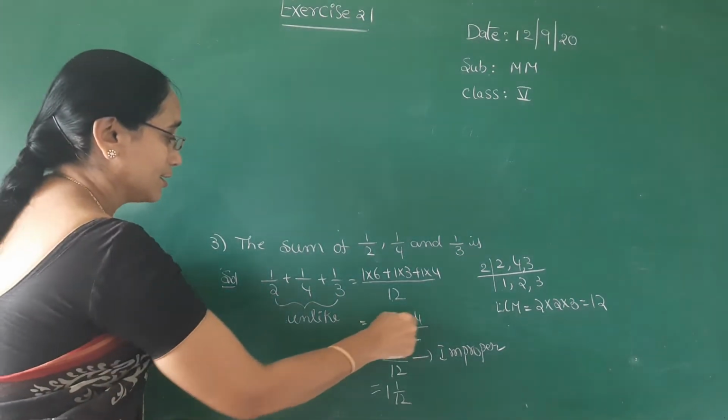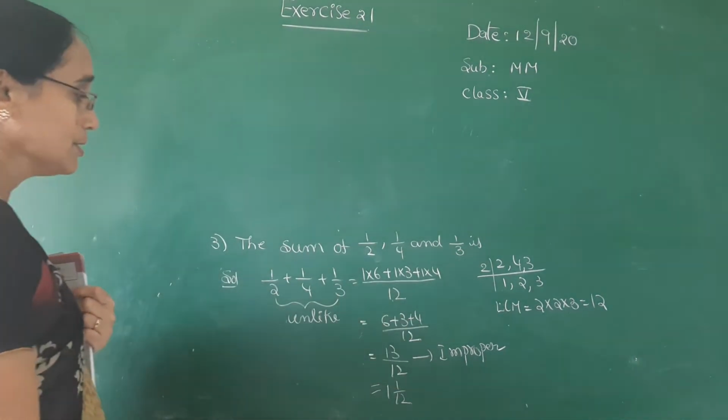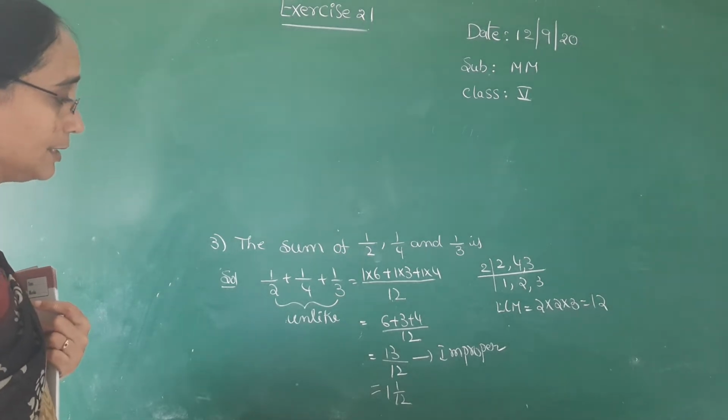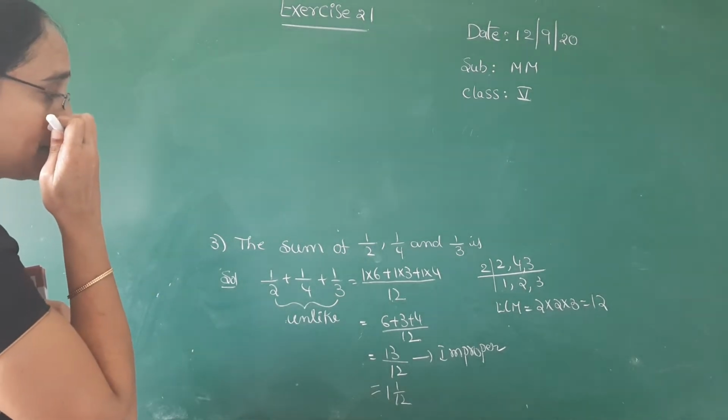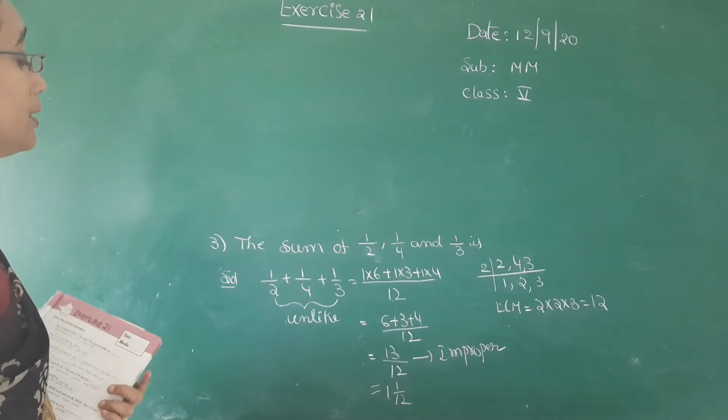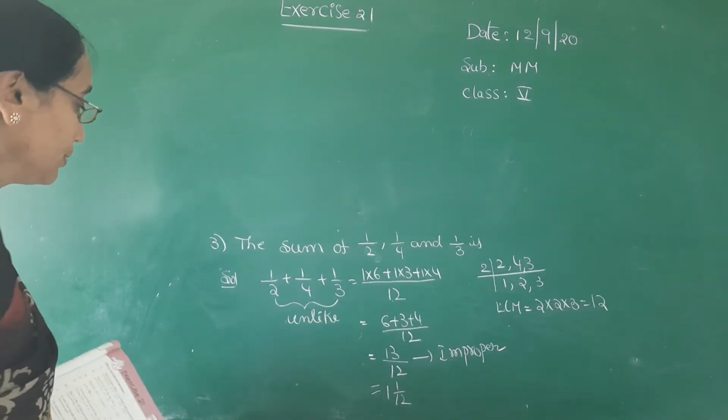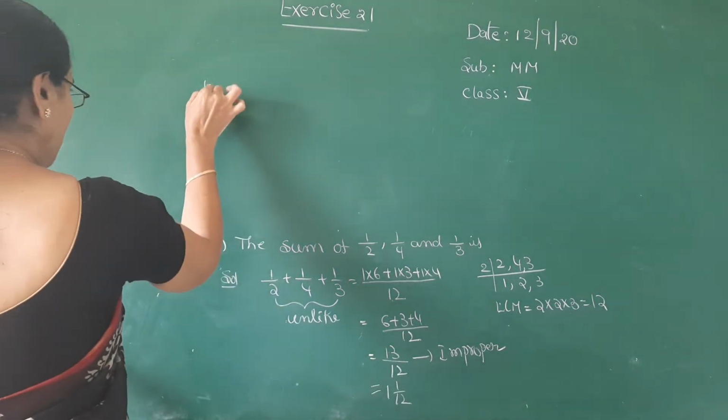So add all those numbers, 6 plus 3 plus 4, it is 13. 13 by 12 is an improper fraction. Already you know every improper fraction can be converted into mixed.